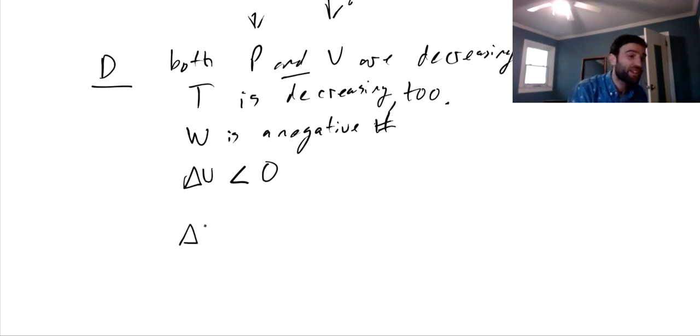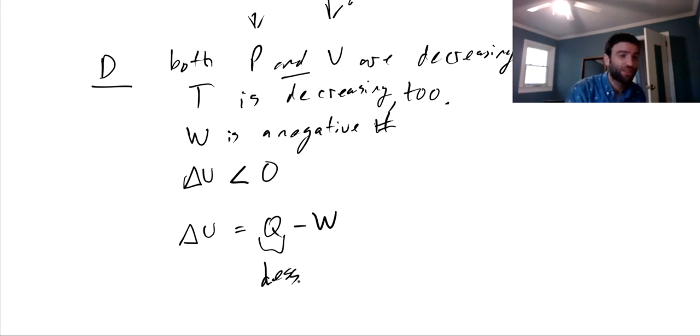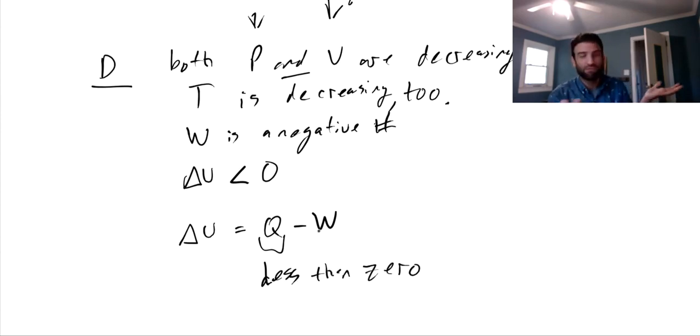And since delta U is equal to Q minus W, so minus a negative number is a positive number, that means for delta U to be less than 0, Q must be a negative number, also less than 0. And it has to be less than 0 more than W is less than 0, right? In other words, heat is still flowing out of the gas while the gas is simultaneously compressing.